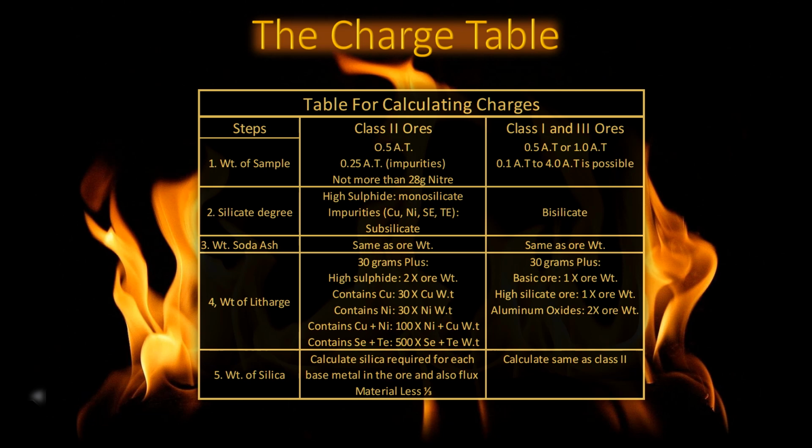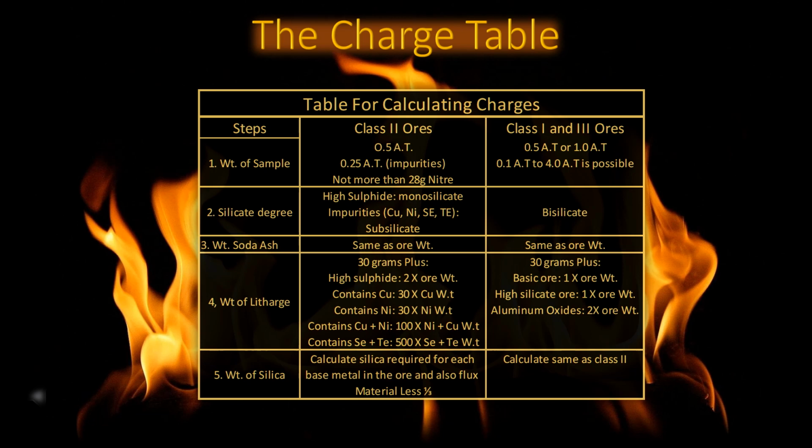Additional lead oxide will be needed to form the slag. If a high sulfide ore that does not contain impurities, 30 grams plus 2 times the ore weight is needed. That would equate, for a 15-gram sample, 60 grams of lead oxide. Notice the table. For the Class 1 and Class 3 ores, the requirement specifies ore weight.